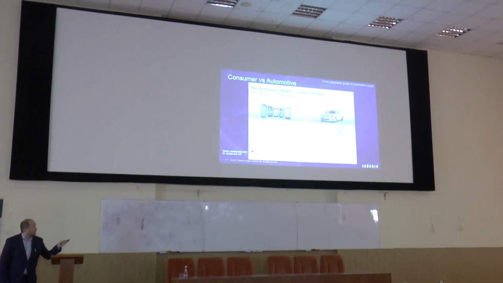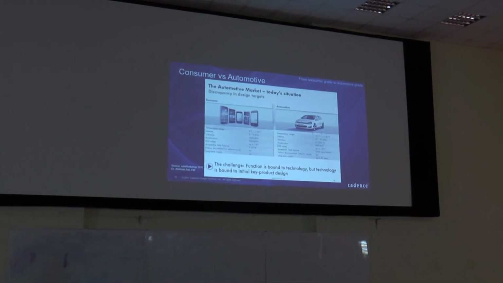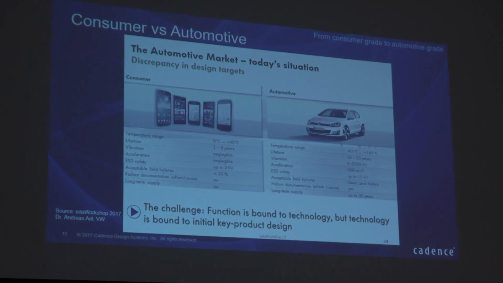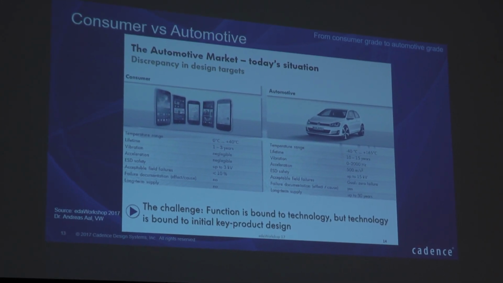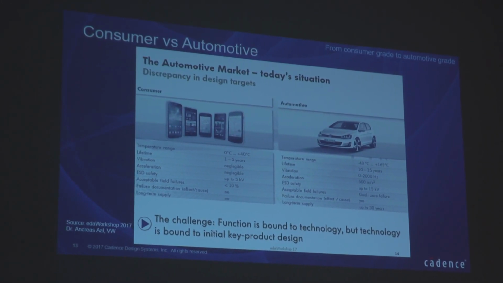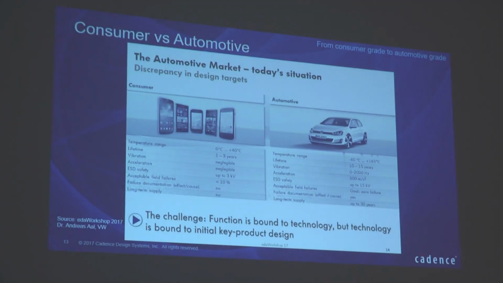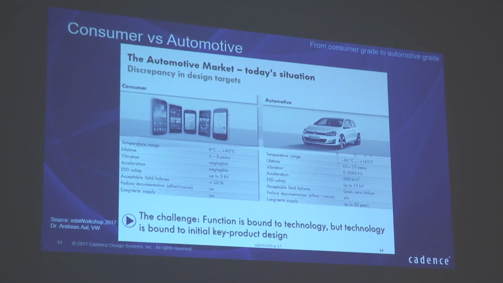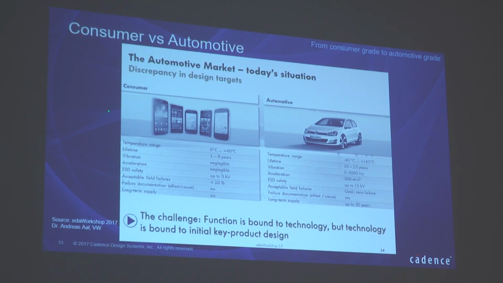If your smartphone is in the temperature range between 0 and 40 degrees Celsius, this is acceptable. If on a cold winter day your mobile is not working, well, it's not good, but it's acceptable. In the car, you have completely different temperature ranges. It goes from -40 to +165. So you have to optimize your microelectronic circuits to work in this temperature range.